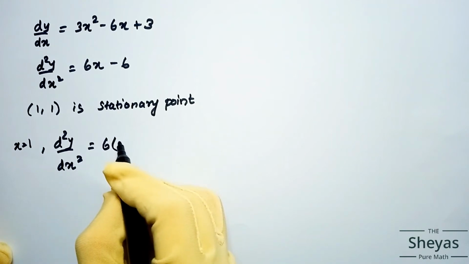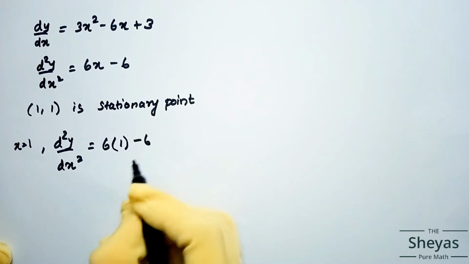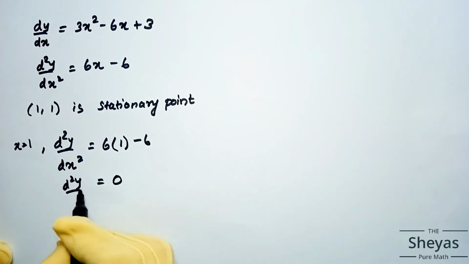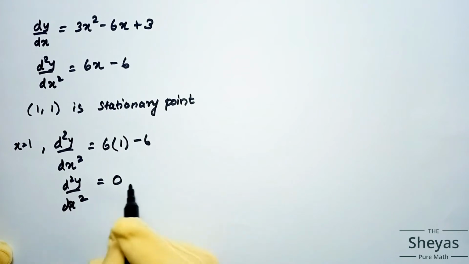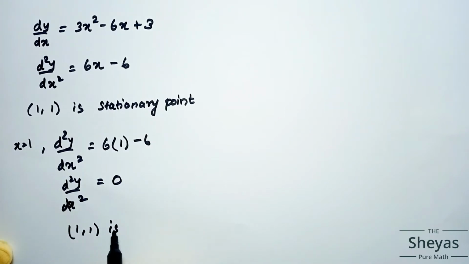So when x value is 1, 6 minus 6, you are getting 0. So d square y by dx square is 0. The second derivative is 0. How can you conclude? You can conclude this 1 comma 1 is a point of inflection.